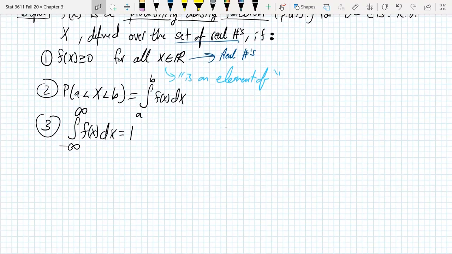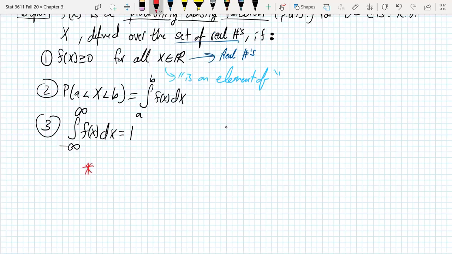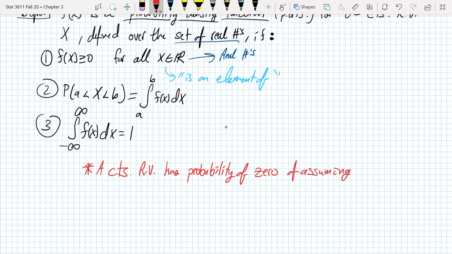All right. So something that's a little bit different in the continuous case than the discrete case, a key characteristic to be aware of, is that a continuous random variable has a probability of 0 of assuming exactly any one specific value.